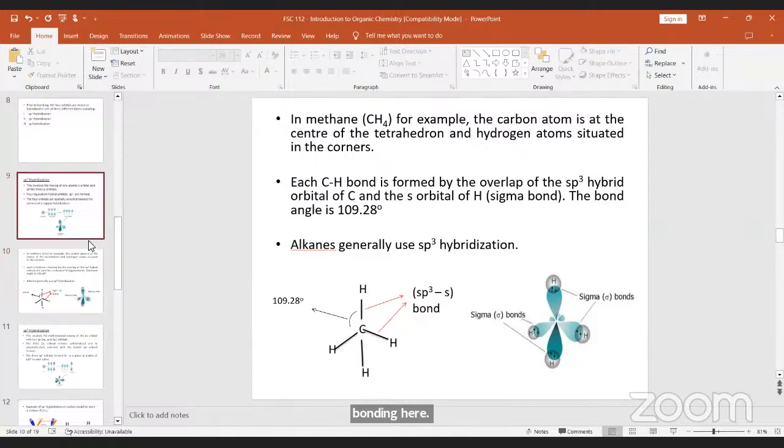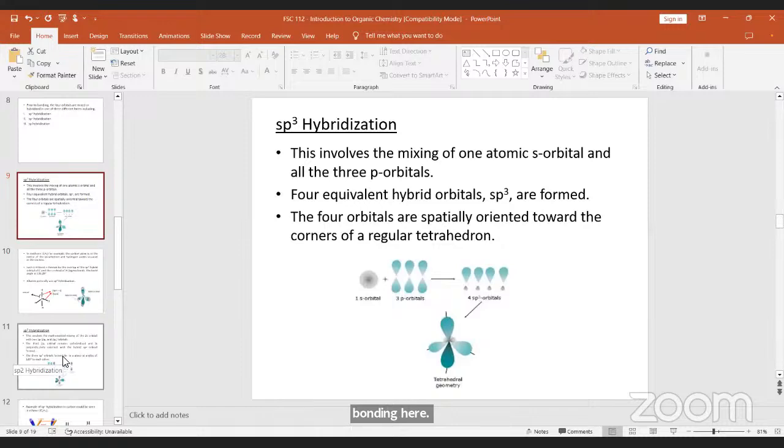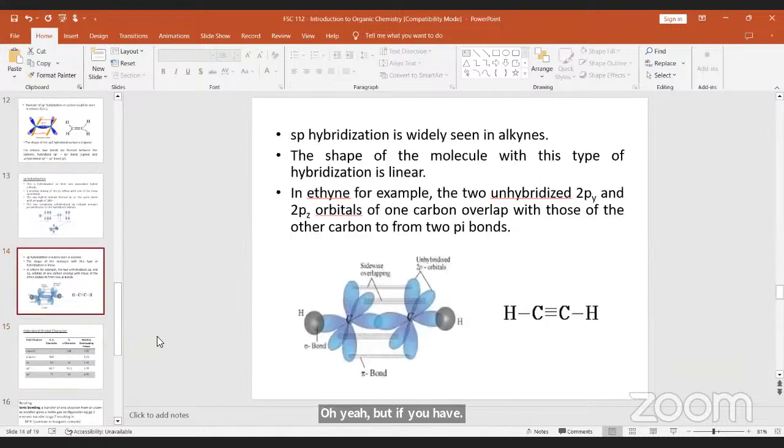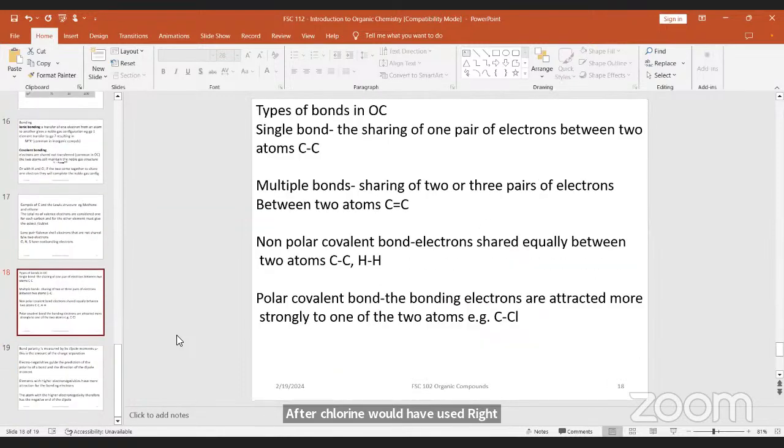Okay, but if you have chlorine, after chlorine has used, for example in HCl, or even this carbon to chlorine atom, this bond here is a bonding pair.